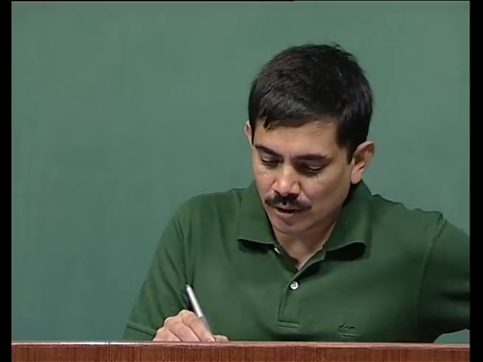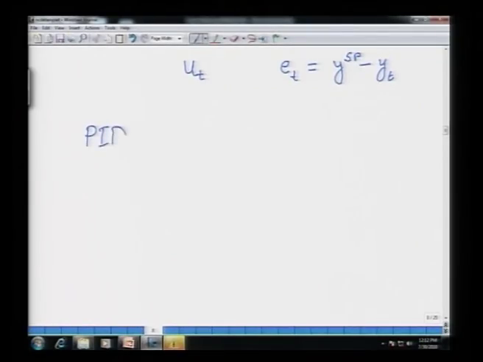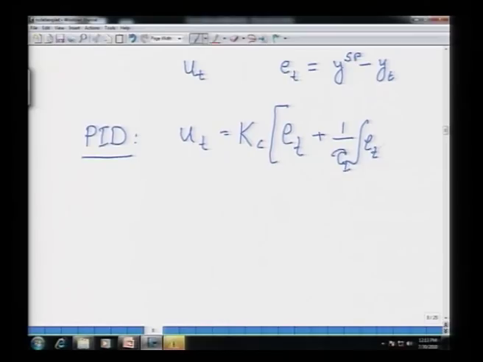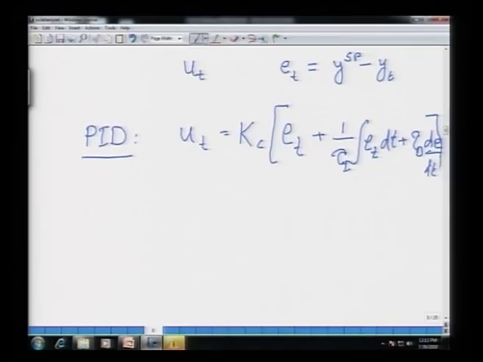So, the PID control algorithm is u(t) equals a controller gain Kc times the current error. So u(t) is proportional to the error, Kc times E(t). This is called proportional action, plus 1 over tau I times the integral of E(t) dt, this is called integral action, plus tau d times dE by dt, and we close the bracket here.